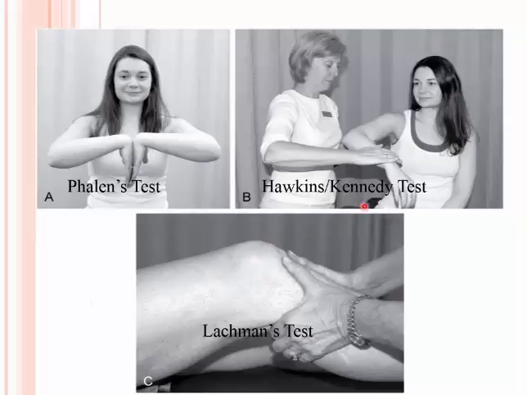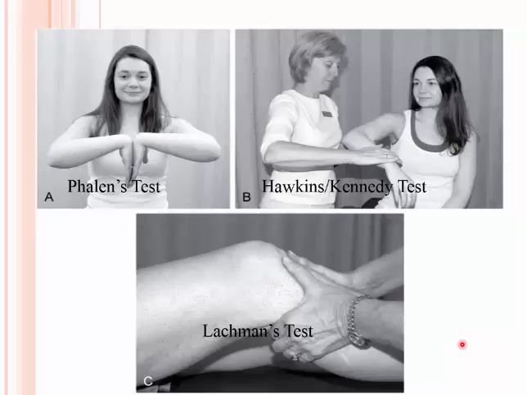In the upper right-hand corner, you see a picture depicting the Hawkins-Kennedy test. If the patient experiences pain in the shoulder with this positioning, then impingement syndrome of the shoulder is suspected. And the final example at the bottom of your slide is a picture depicting the Lachman's test.